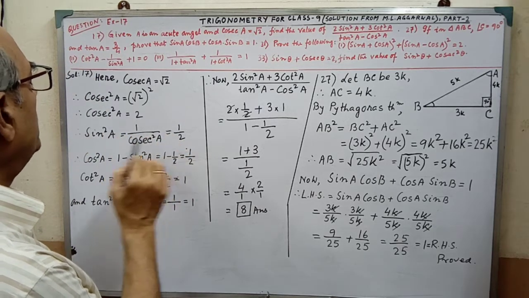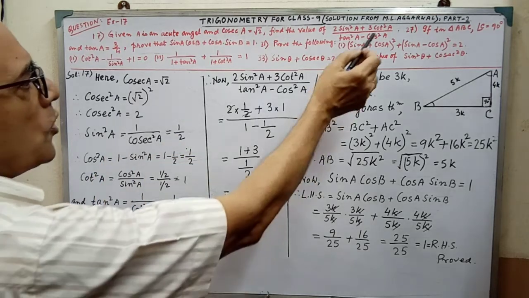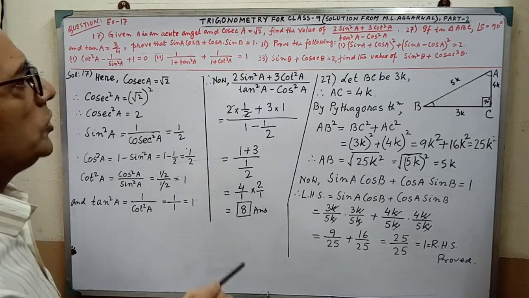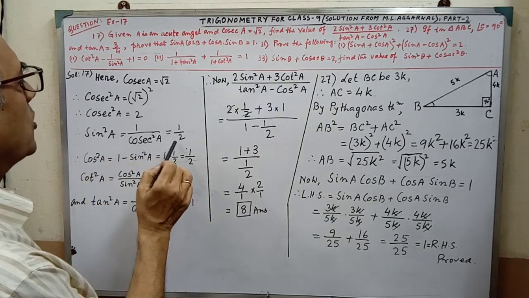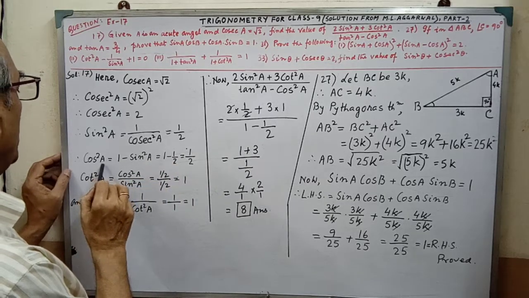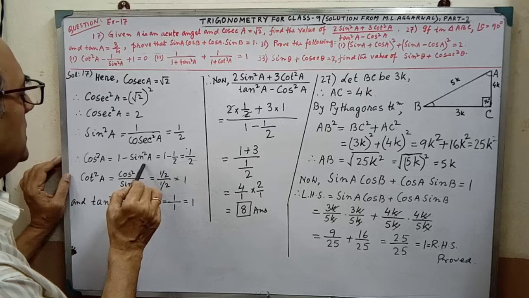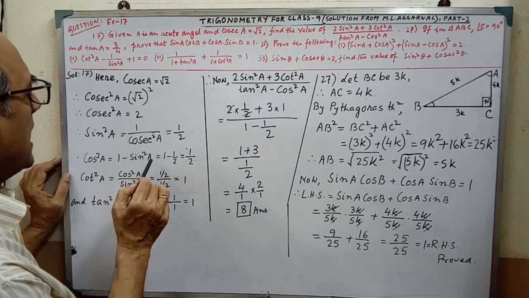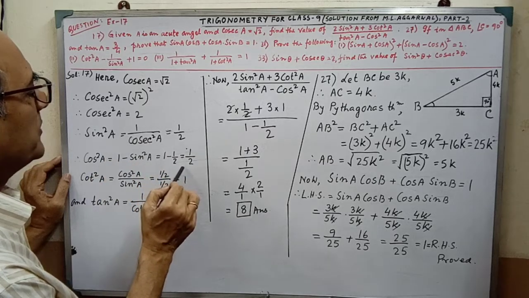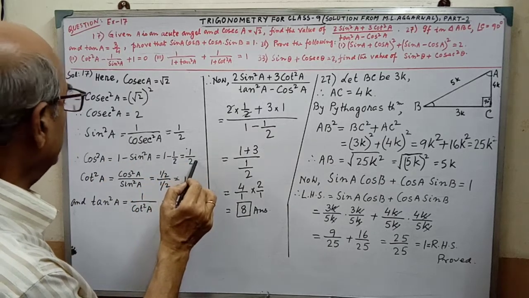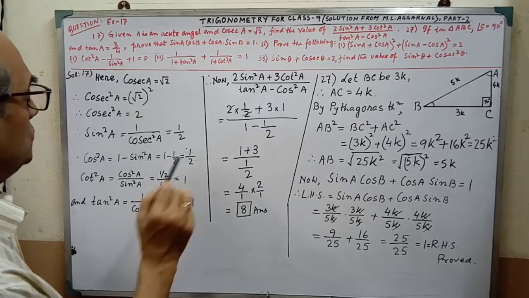After putting the value of sine square A as half and simplifying, we get cos square A equals half.